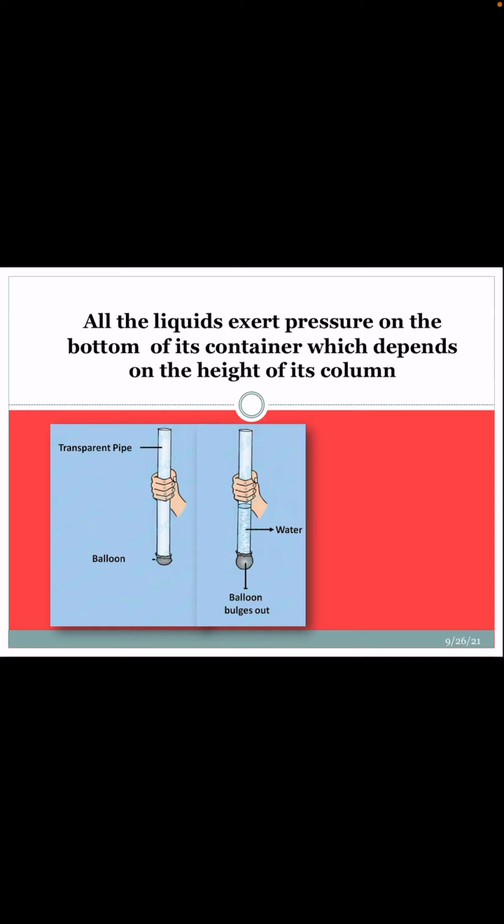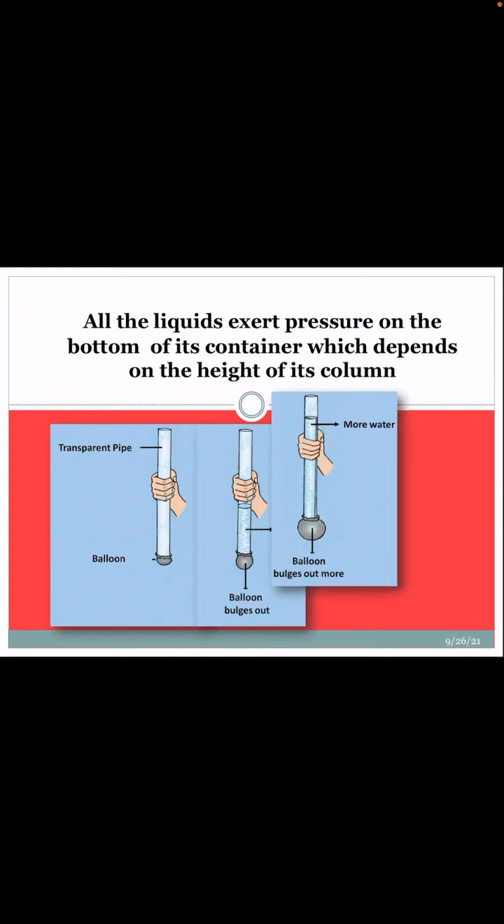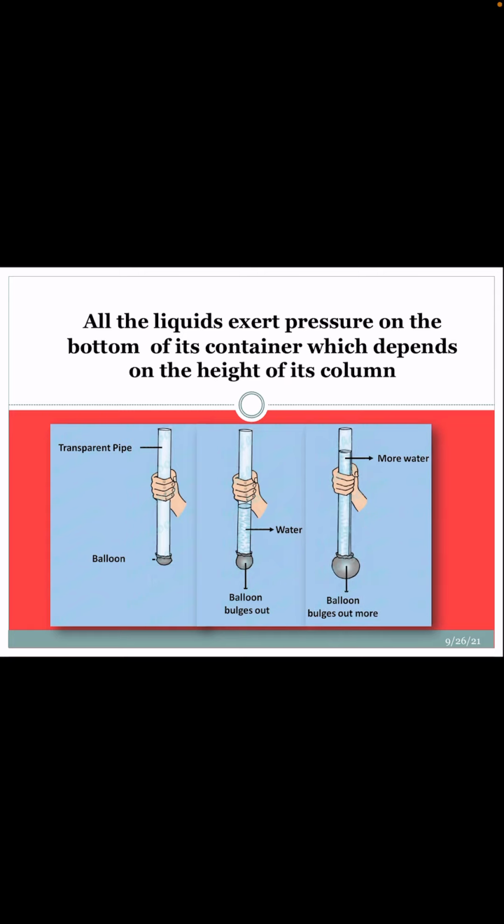Note down the height of the water column in the pipe. Pour some more water. Observe the balloon and the height of the water column. What have you understood from this activity?